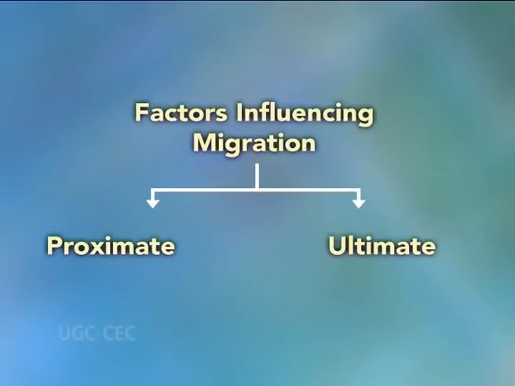The physiological state of the bird before migration is controlled by proximate and ultimate factors. Ultimate factors are the environmental clues, whereas proximate factors are the immediate factors like availability of food that stimulates the migratory behavior in birds.